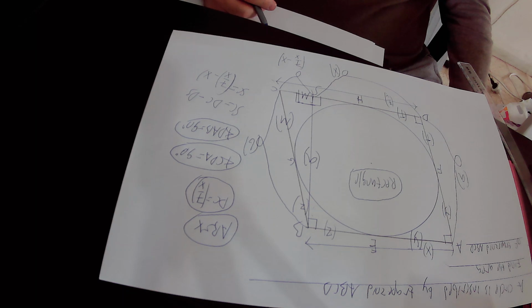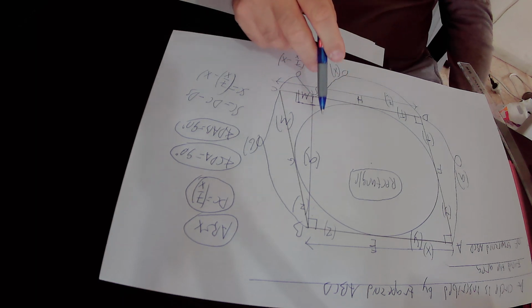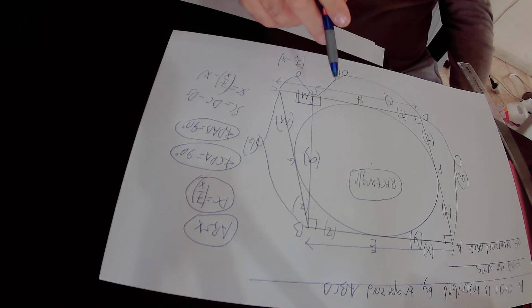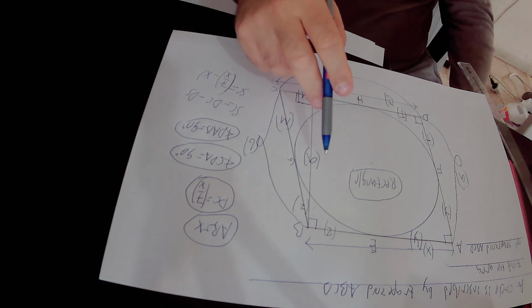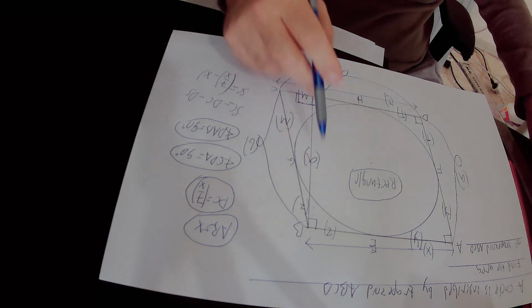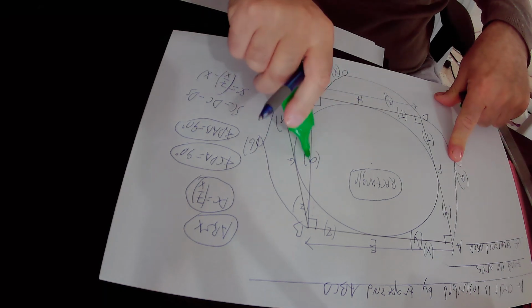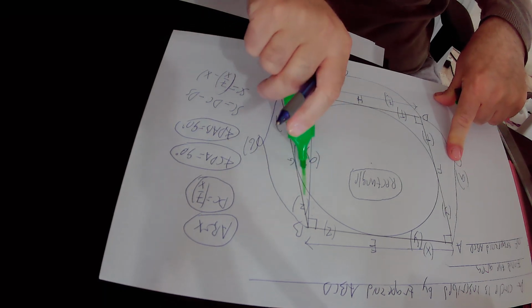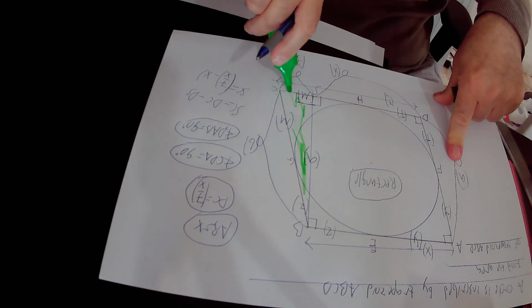Okay. So actually, by doing this construction, we created here the right triangle BSC. I repeat again. By doing this construction, we created here the right green triangle BSC.